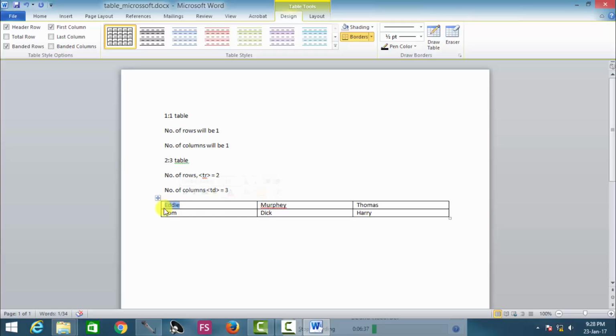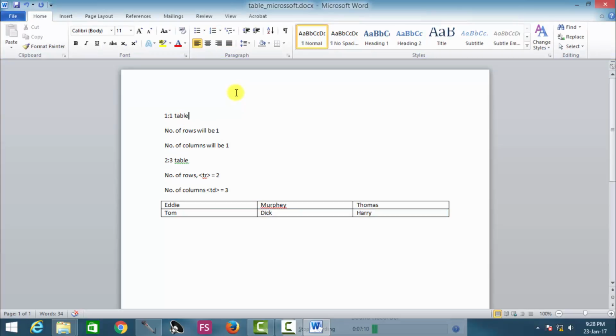So the first row here actually consists of three names, Eddie, Murphy and Thomas, which is separated by three columns here. You see that Eddie comes under the first column, Murphy comes under the second column and Thomas comes under the third column. And if you insert another row here, this is the second row, which is also divided into three columns, and this is also a name containing row, such as Tom, Dick, Harry.